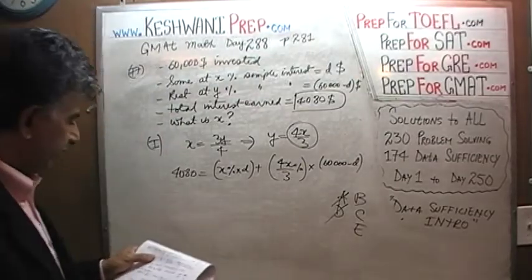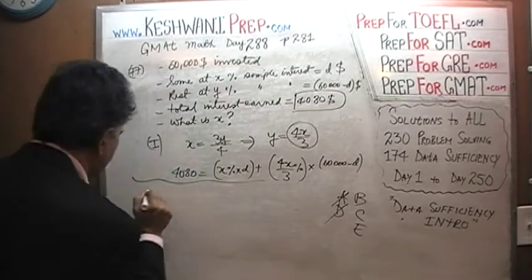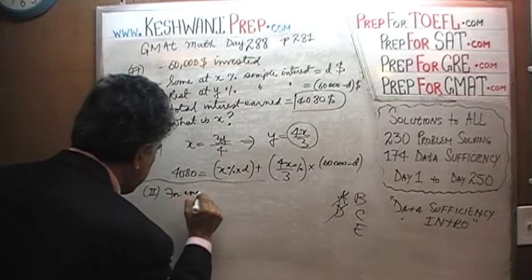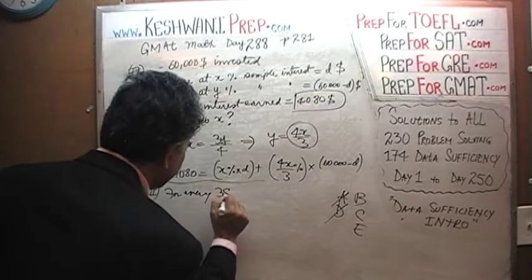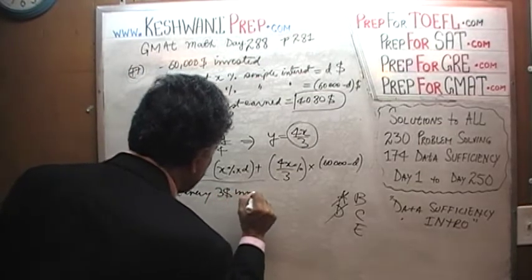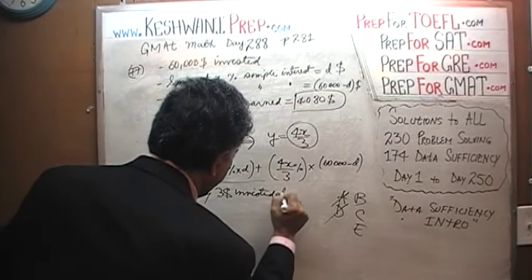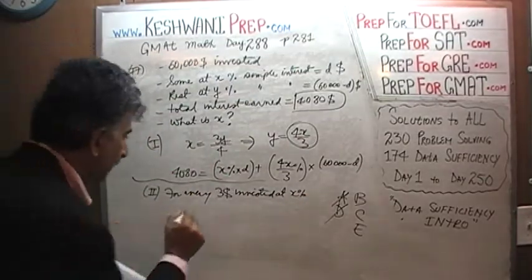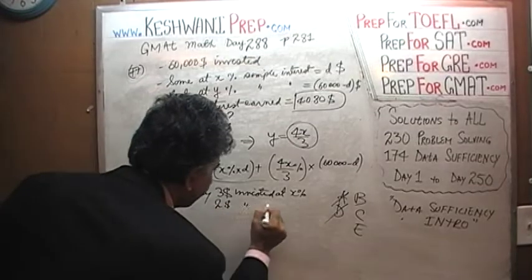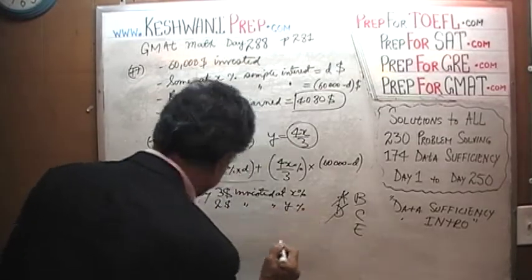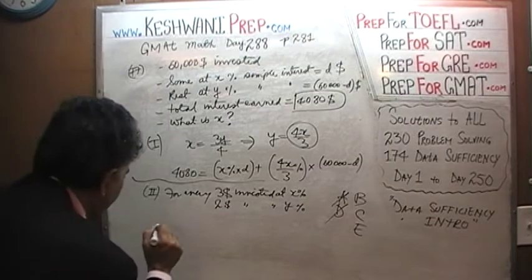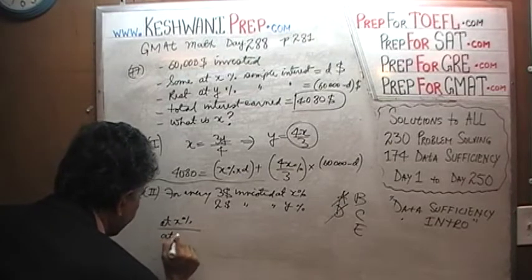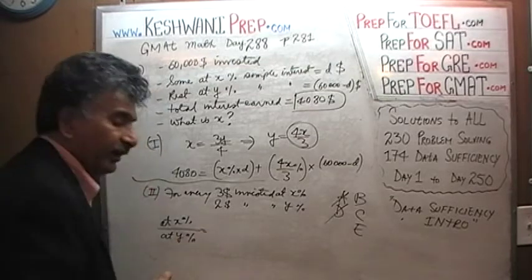In the second statement they tell us that for every $3 that was invested at X%, $2 was invested at Y%. In other words, we know the ratio of the amount that was invested at X% to the amount that was invested at Y%.